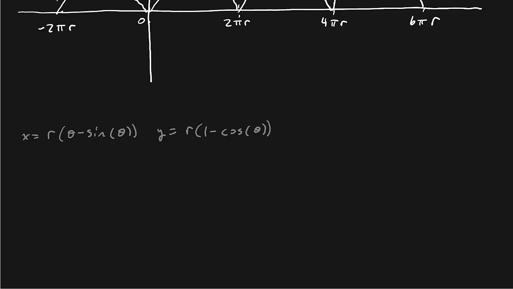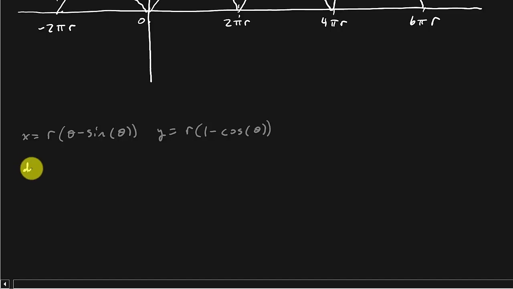And then your vertical tangent would be when dx d theta is equal to 0. So let's go ahead and do dy d theta. Remember, we found that before. That's r sine theta.